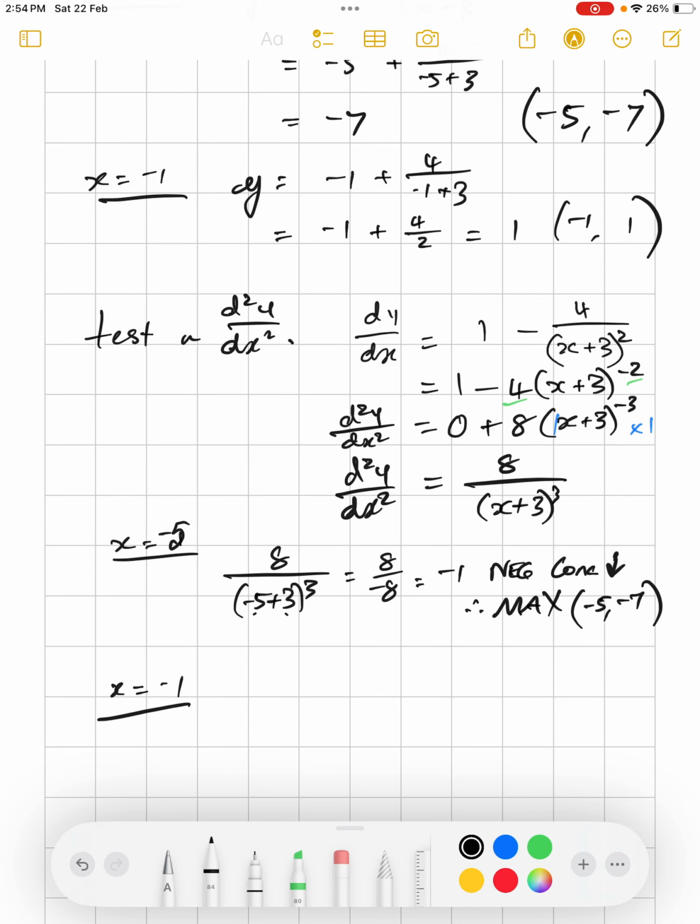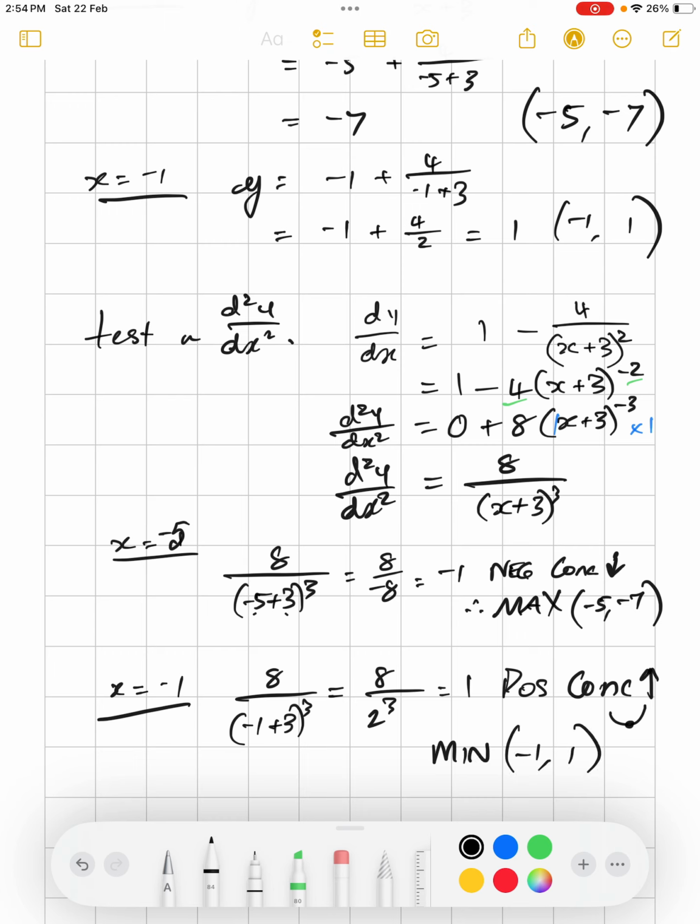Substitute negative 1, 8 over negative 1 plus 3 cubed. 8 over 2 cubed is positive 1. It's a positive, therefore it's concave up, and concave up indicates a minimum at negative 1, 1.